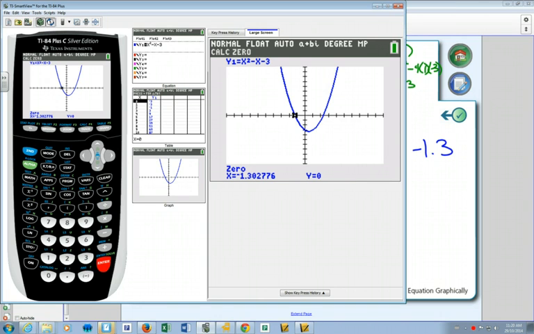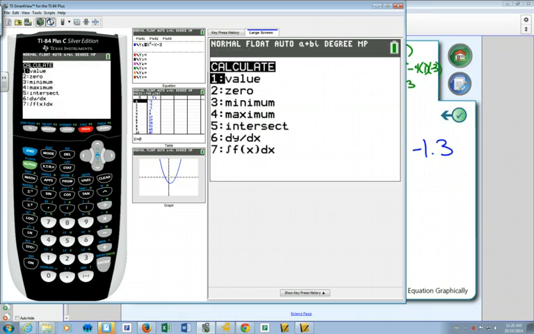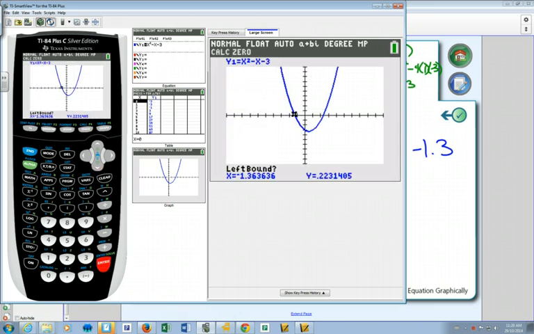I'm going to show you a shortcut now for how to do the left and the right. If you are good at estimating it, we're going to calculate, second trace, go to number 2, the zero, and we're going to calculate the second one. Well, you said that 2 was to the left of it. So instead of using my arrow keys to get there, I'm just going to type in 2 and push enter, and it'll automatically take my cursor to 2, which is a little bit faster.